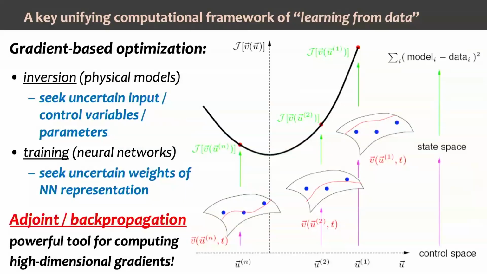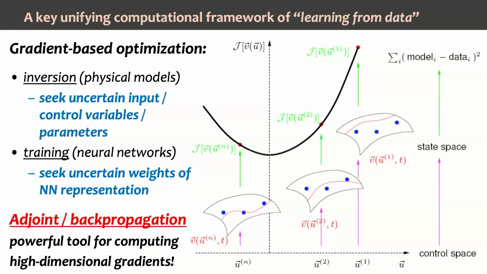So the reason why I brought up these different concepts is that, depending on the method you're using, a unifying conceptual tool is adjoint-based inversion for the physical models, or for the neural networks, backpropagation is how you train them.